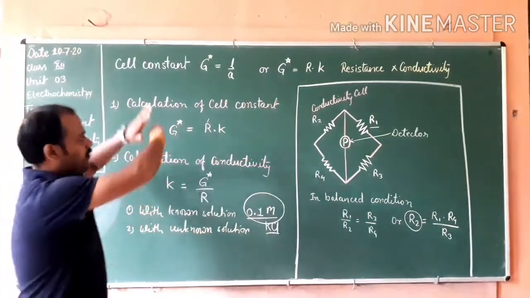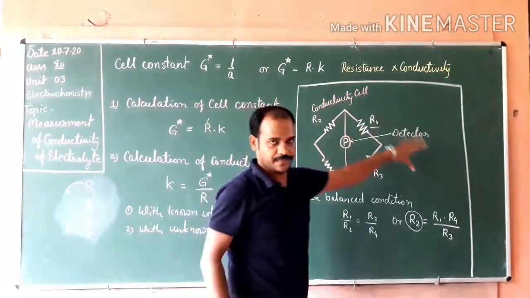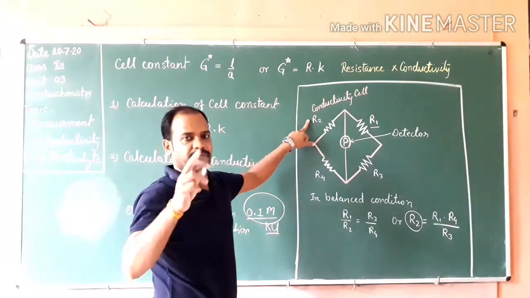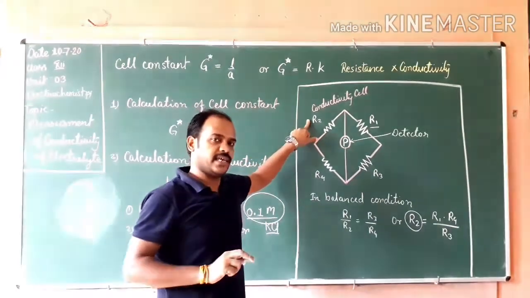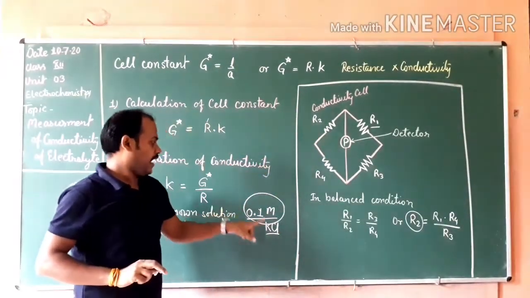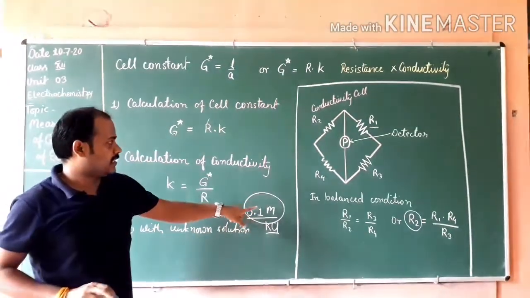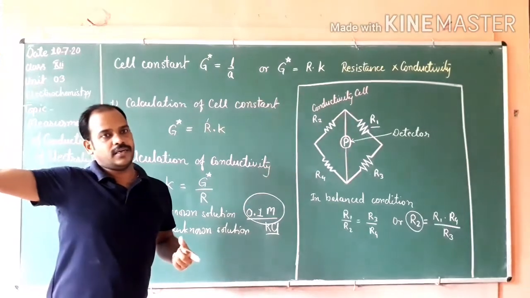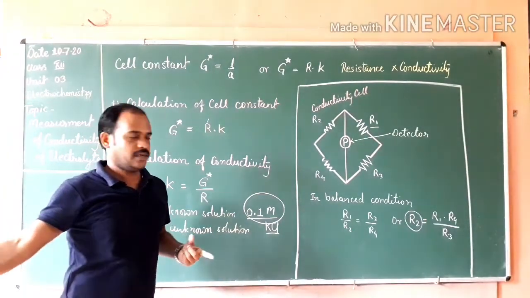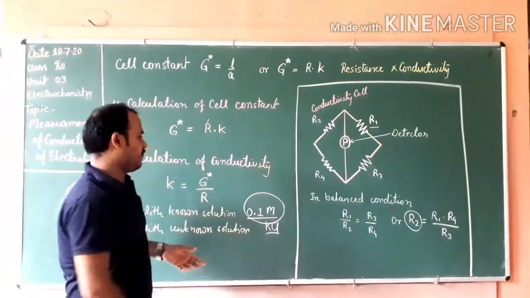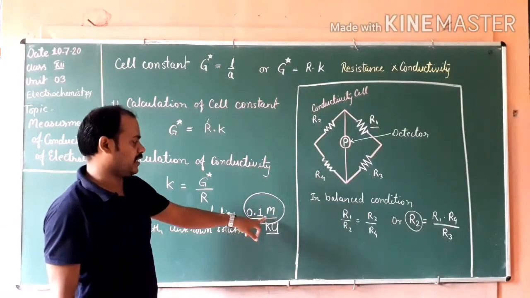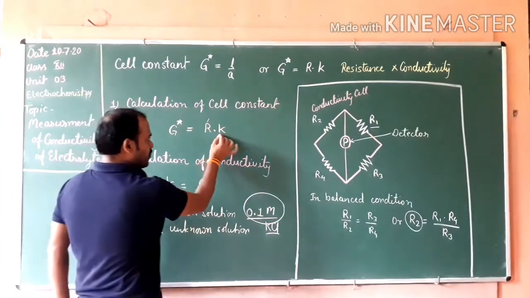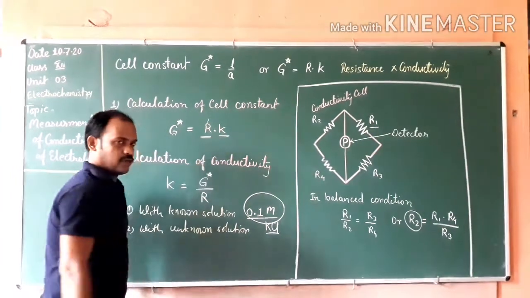It means if we calculate this R2 using the Wheatstone bridge at 25 degrees C, that is 298 K, at that temperature and this concentration, the conductivity of KCl solution was also given by Kohlrausch. So from that table we can find the value of conductivity of 0.1 molar KCl. In this way we have conductivity and R also.